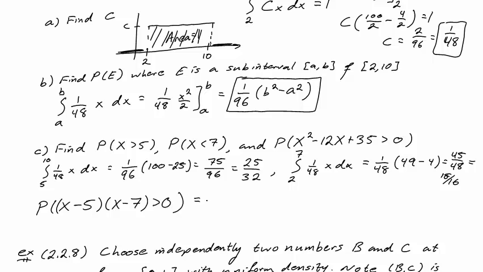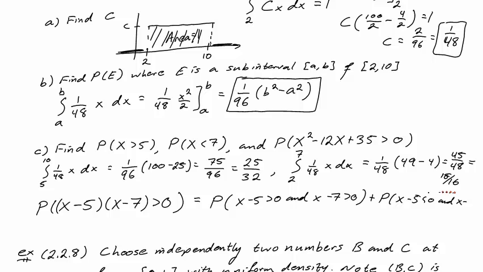So this is going to be equal to the probability that either x is, so these could either both be positive or both be negative in order to have the product greater than 0. So I want x minus 5 greater than 0 and x minus 7 greater than 0. Or I can have x minus 5 less than 0 and x minus 7 less than 0.